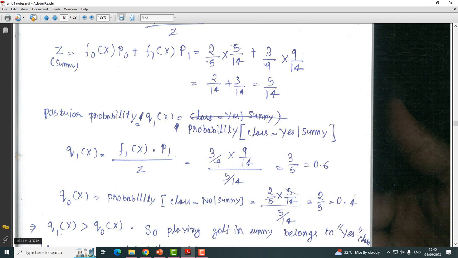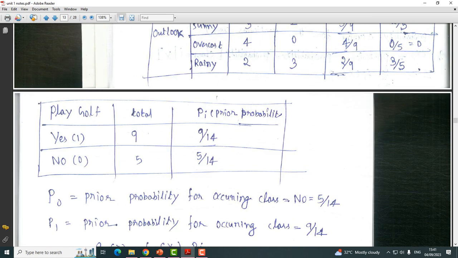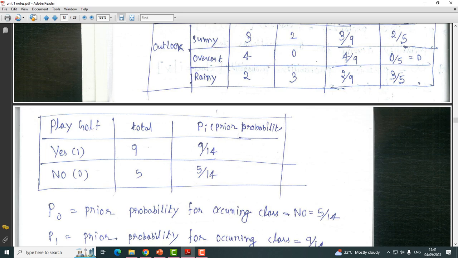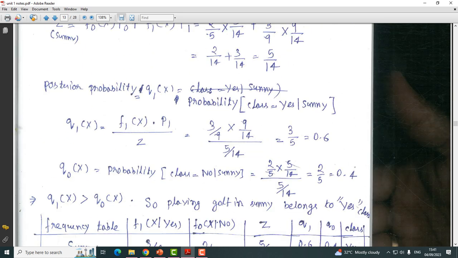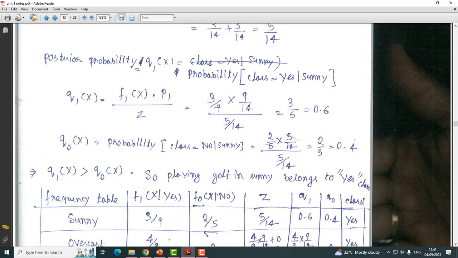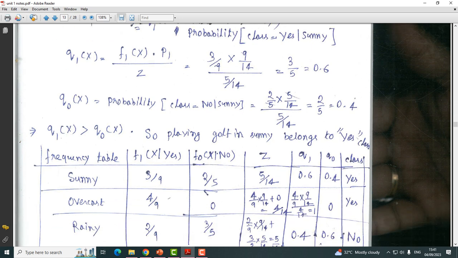Same way we find q0, class 0, the probability for sunny and no. So f0 of x is 2 by 5 into p0, 5 by 14, divided by the Z value, and we get 0.4. So here q1 is greater than q0, and as per the Bayesian theorem it belongs to class 1, class yes. q1 is greater than q0, so it belongs to class yes.